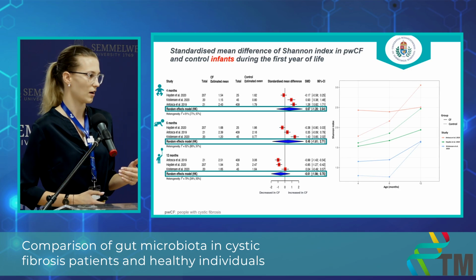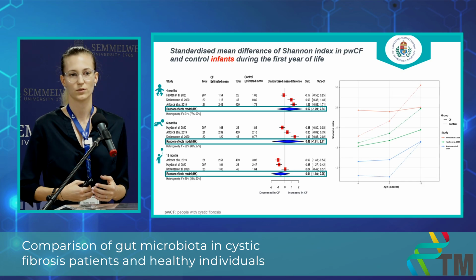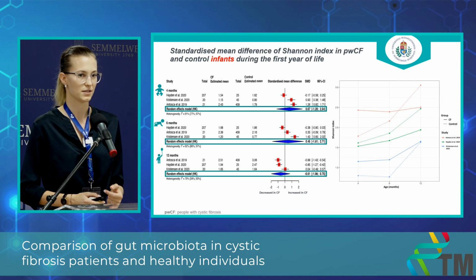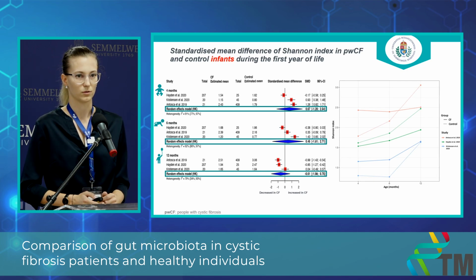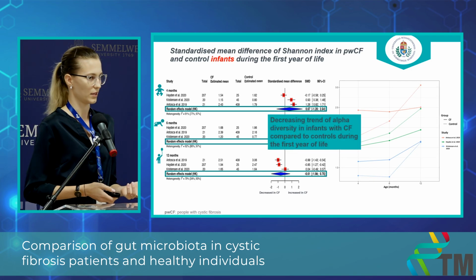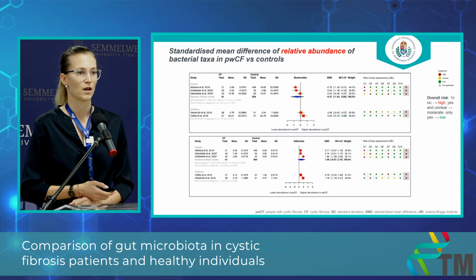The different colors represent the articles that we have included, and the straight line represents the CF population, the striped line the control population. So all in all, we can say that CF patients have a decreasing trend of alpha diversity during the first year of life compared to controls.